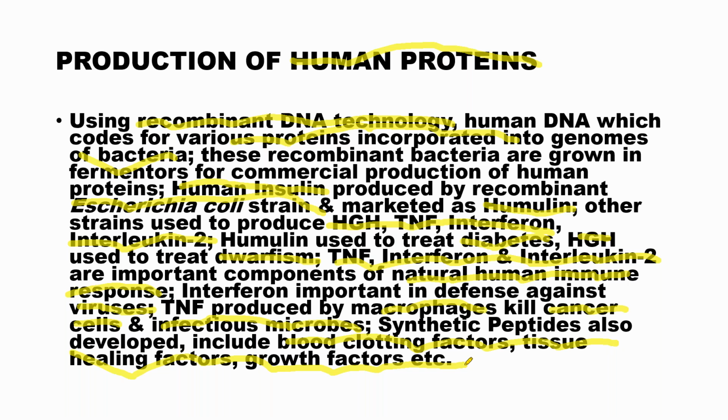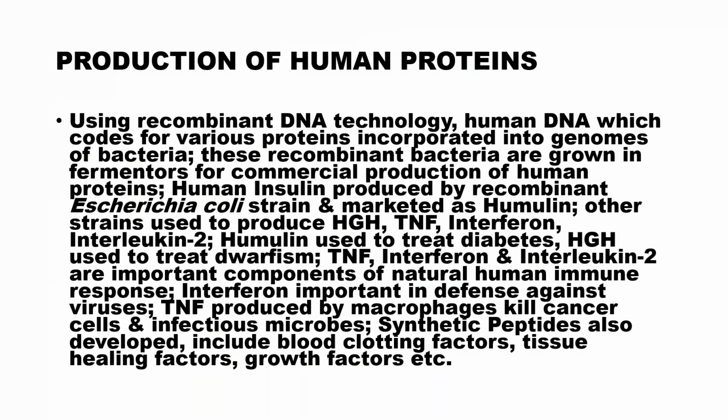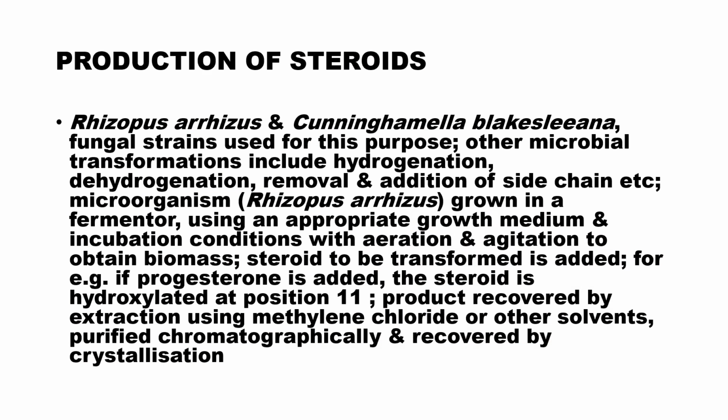Fine. Examples are human insulin, Humulin, HGH, human growth hormone, TNF, tumor necrosis factor, interferon, interleukin 2, then our synthetic peptides. All these are examples of human proteins. Clear? What are human proteins? What is the action of each human protein? How are we going for the formation of human protein?